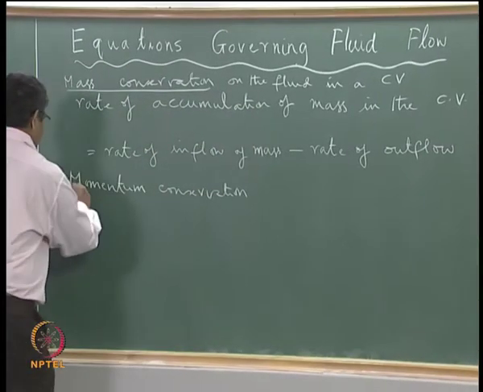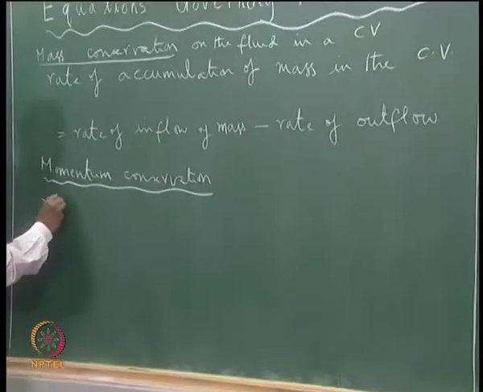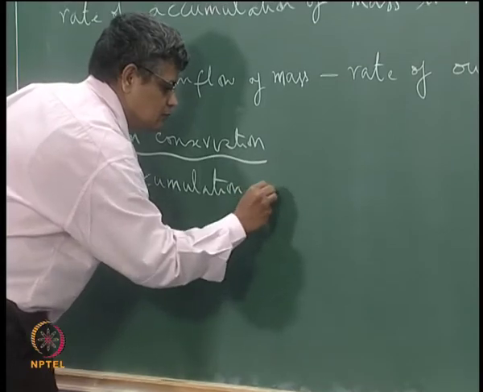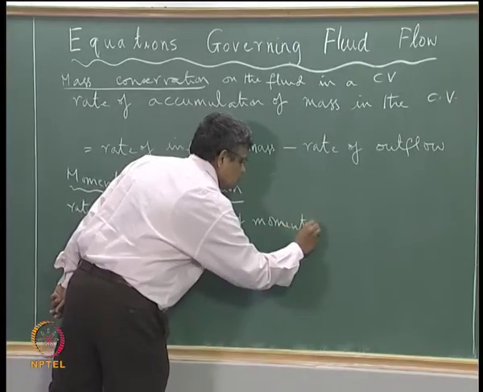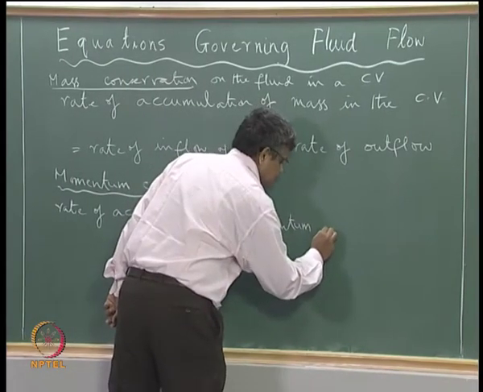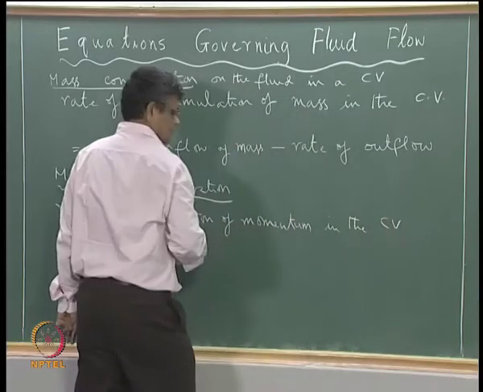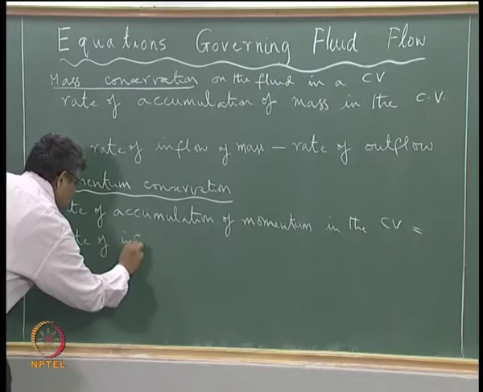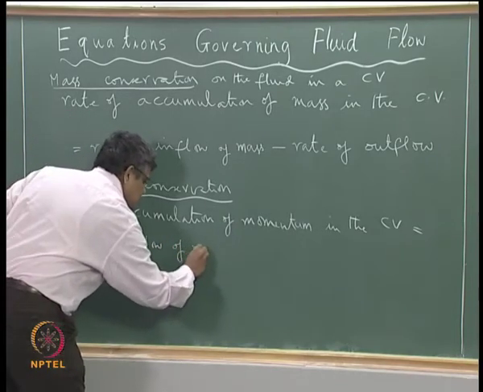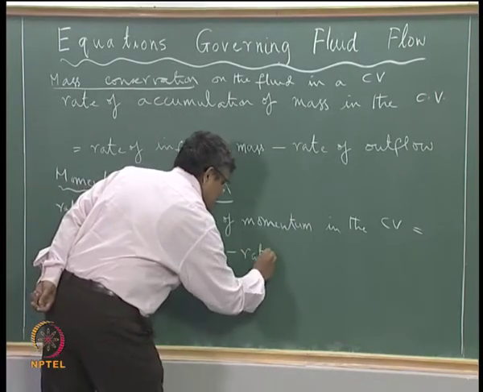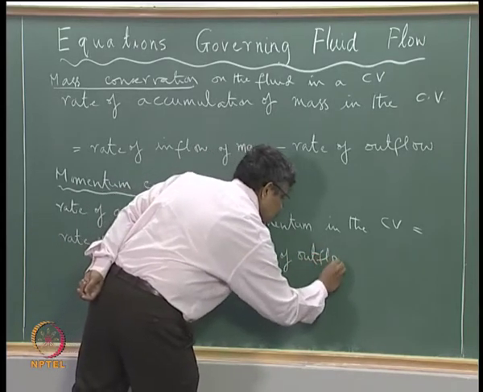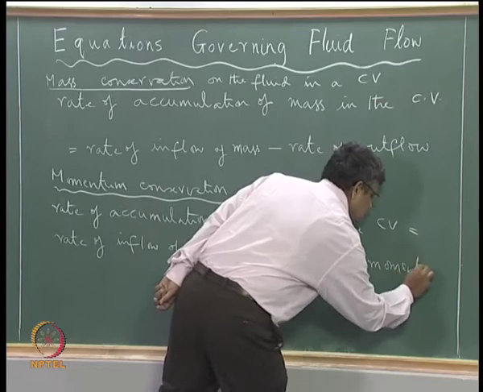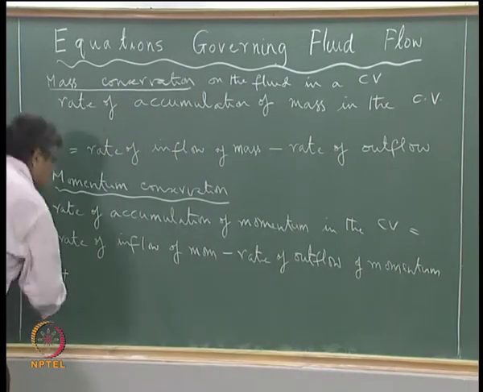on the fluid in the control volume can be stated as rate of accumulation of momentum within the control volume is equal to rate of inflow of momentum minus rate of outflow of momentum plus other factors.